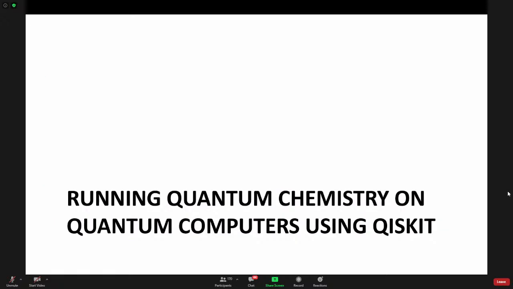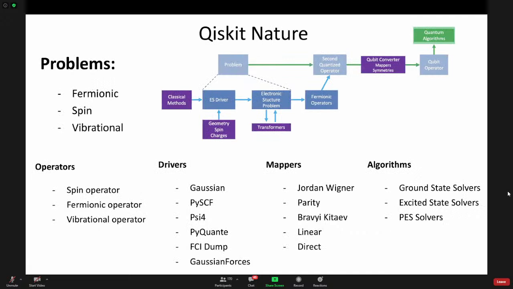So we're going to run this variational quantum eigensolver in simulation using Qiskit. We're going to mostly use Qiskit Nature among the many different Qiskit programs available. There's Aer, Terra, and so on, but we're going to mostly focus on Nature here.